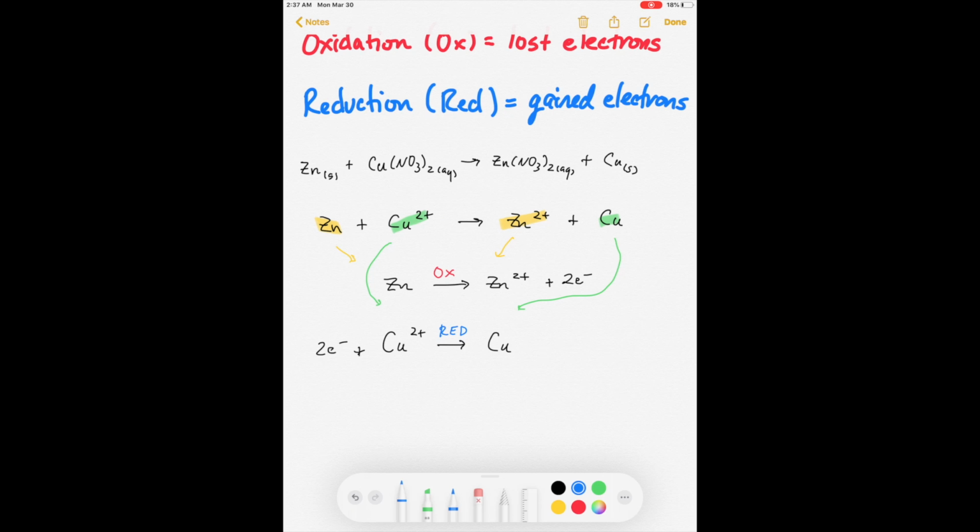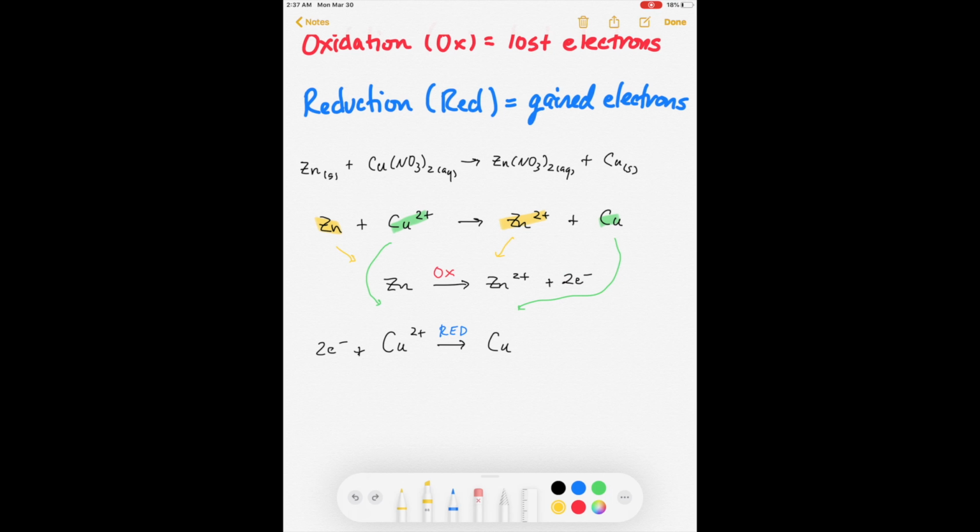So students, this is an oxidation reduction, aka a redox reaction, where the zinc is being oxidized and the copper is being reduced. I want y'all to notice that zinc is losing electrons. It's losing, in fact, 2 electrons. So it's these 2 electrons that the copper is gaining.